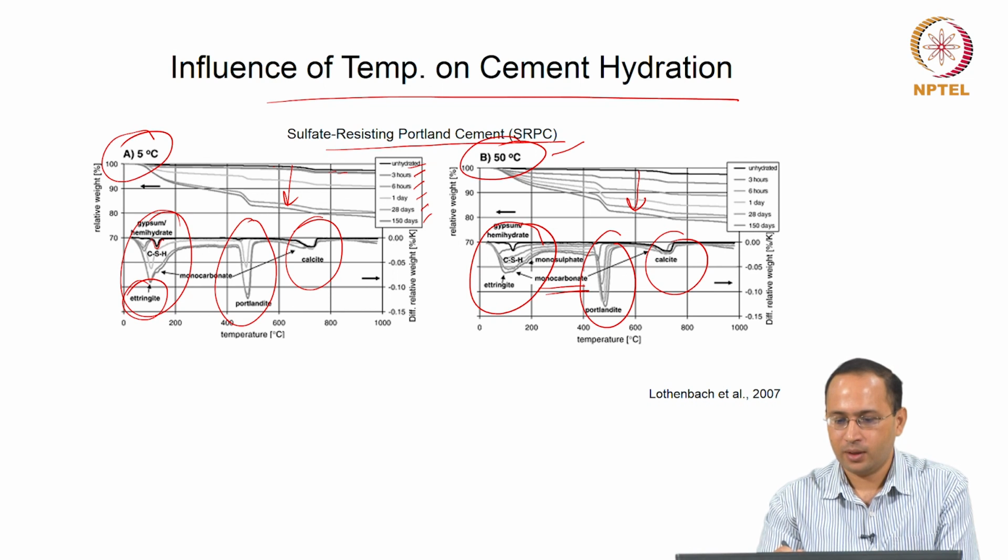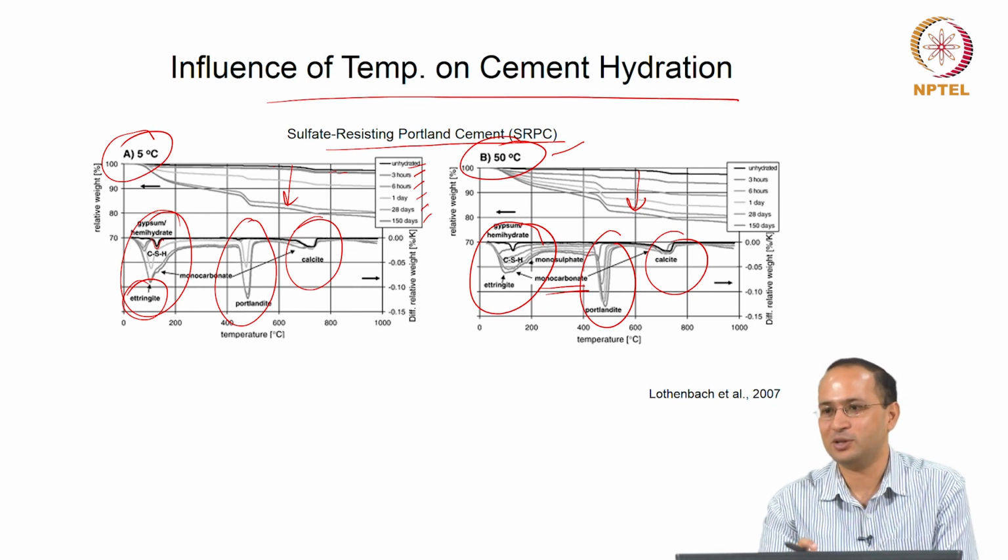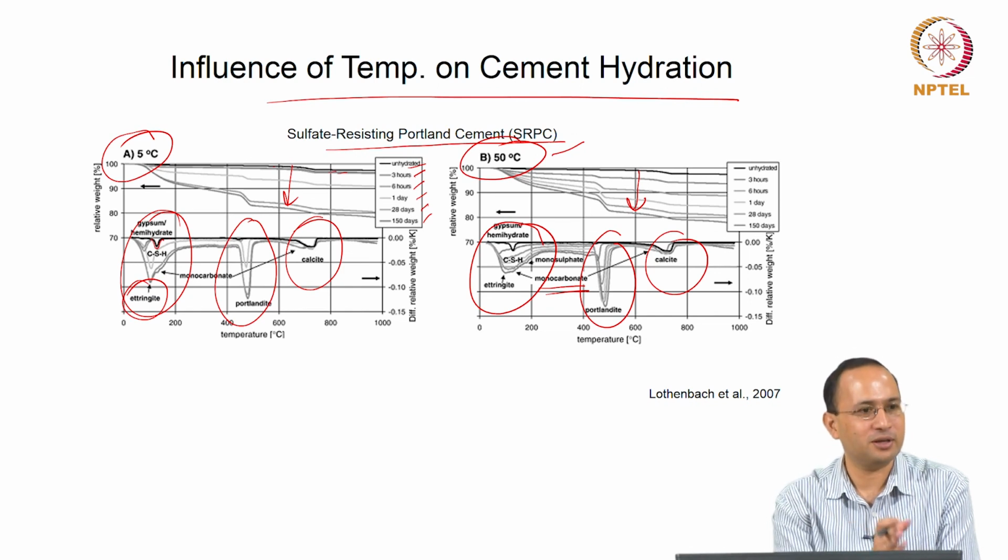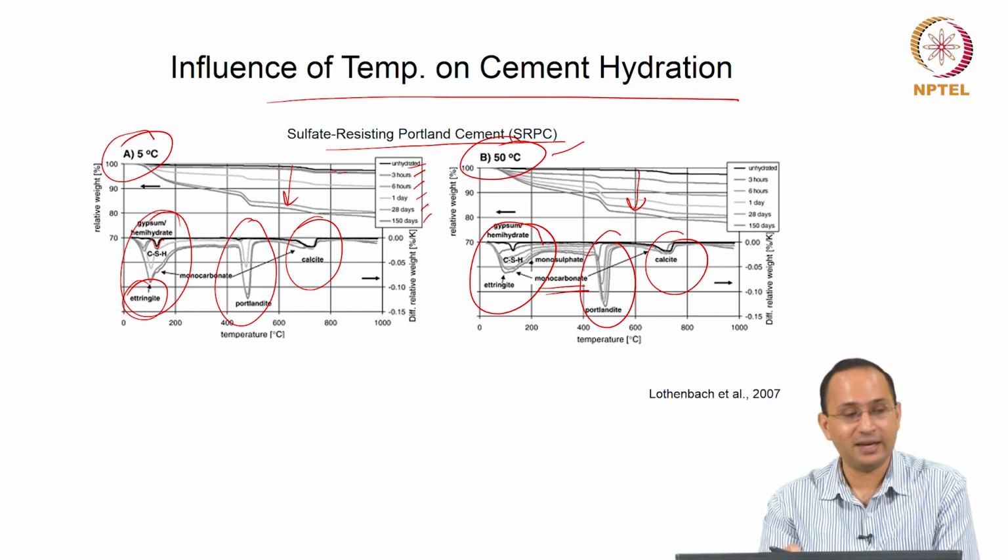But you have to be careful when you want to quantify ettringite using TG, because the peak overlaps with CSH, because CSH also starts losing water at around that temperature. That is a big thing. For quantifying ettringite, X-ray diffraction is a better technique, but for quantifying portlandite and calcite you can easily use thermogravimetry, because there is no overlap.